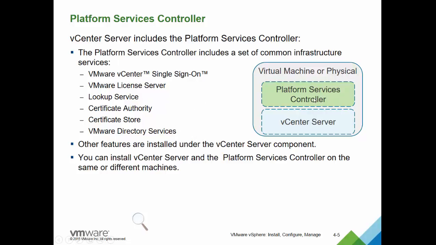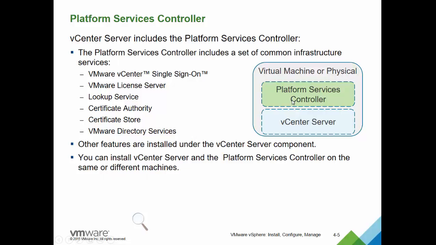So this platform services controller contains these services which could be deployed separately from vCenter server, right? The other features are installed under the vCenter server component. You can install vCenter server and the platform services controller on the same or different machines.